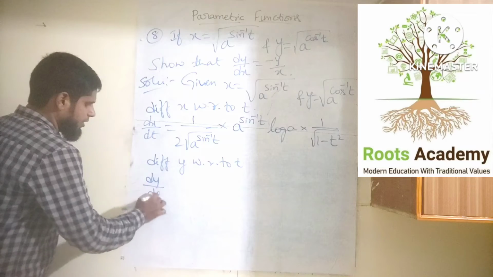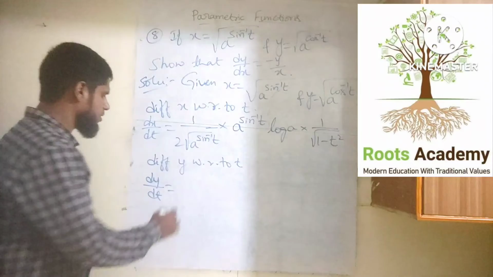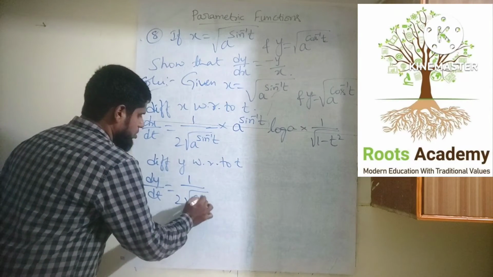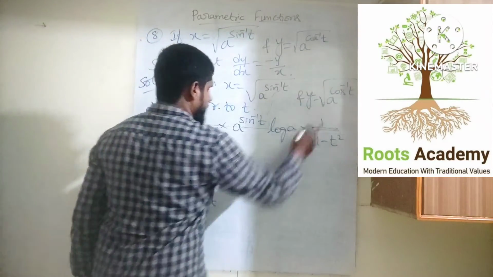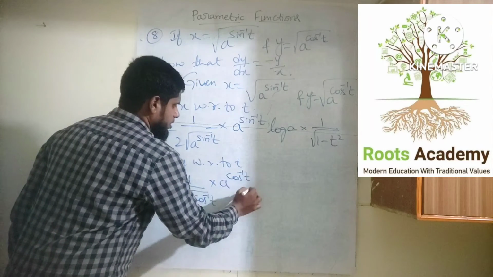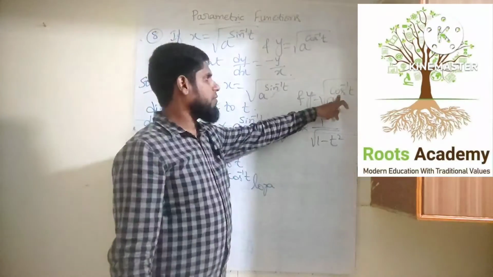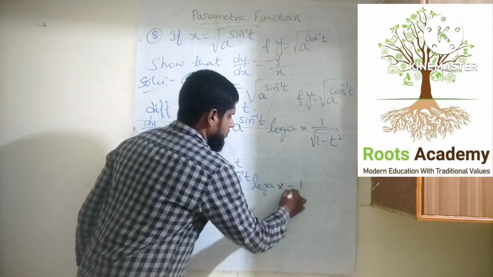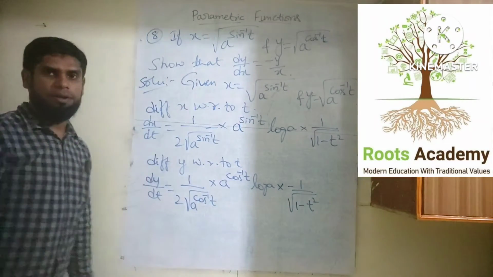So dy by dt is equal to derivative of root, which is 1 divided by 2 root a power cos inverse t, into derivative of a power x, a power cos inverse t into log a, into derivative of cos inverse t. Derivative of cos inverse t is minus 1 divided by root of 1 minus t square.